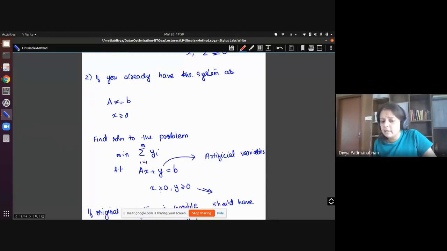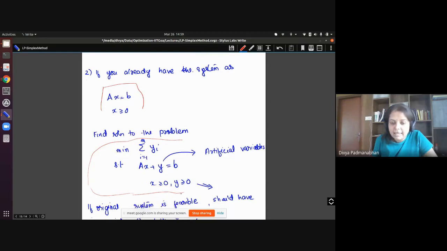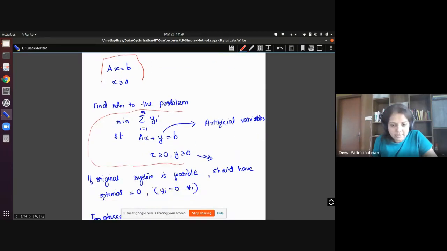You can then use the simplex method on this new system, where you minimize the summation of the y's, with y's greater than or equal to 0. If the original system Ax equals b is feasible, then the final solution you get here has to have the y's all 0.